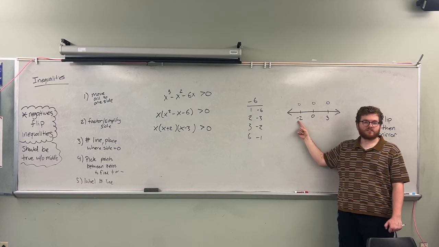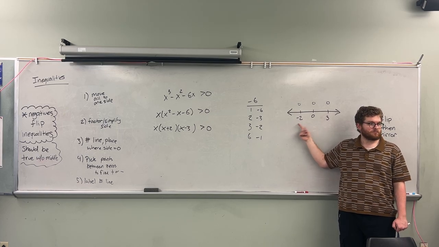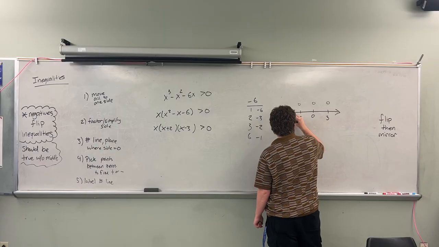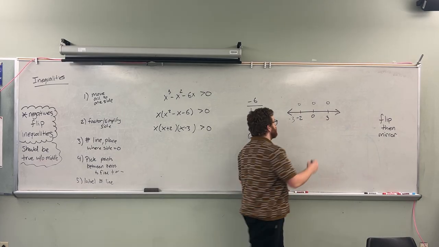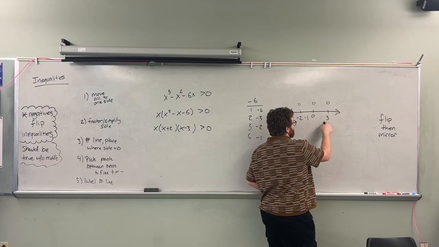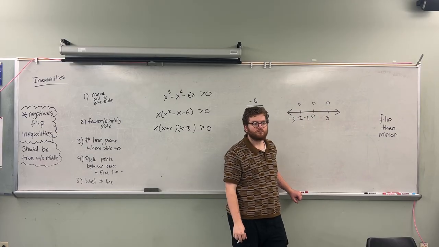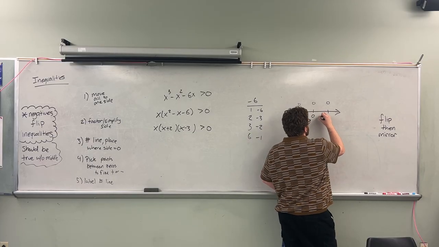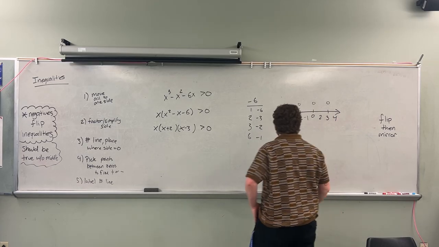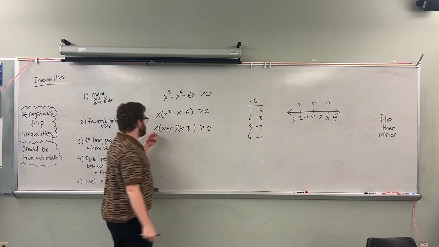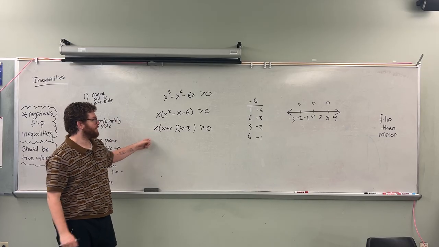What's a number that's less than -2? -3 works. What's a number between -2 and 0? -1 works. What's a number between 0 and 3? 2 works. And then what's a number greater than 3? 4. Perfect. So now we'll just plug those values into this and see what we get.